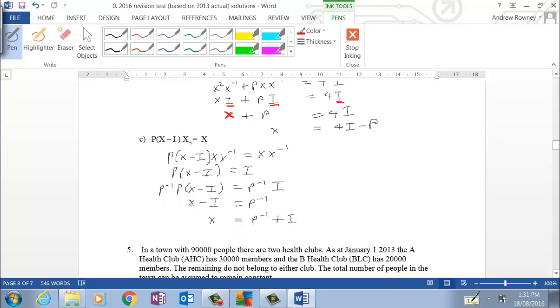Likewise, this one here, we're also going to post-multiply by the inverse, and so we get our identities appearing here. Then we need to get rid of the p, so we're going to pre-multiply by p minus 1, and that gets that as an identity, and we've got p minus 1 over here, and so now we just have to plus I on the other side.